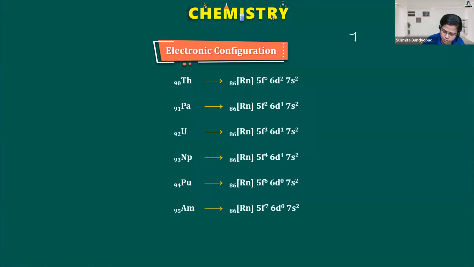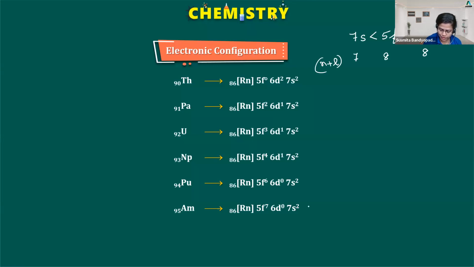So 7s should be filled first because its n+l value is 7, followed by 5f, whose n+l value is 8, and then 6d. You'll agree with this? It should be 5f first and then 6d.